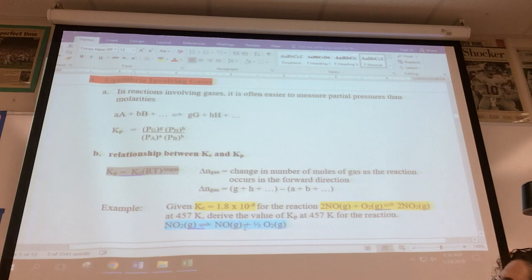So when you write a Kp expression, again, as you already stated, products on top, reactants on bottom. Partial pressure of reactant G raised to its coefficient. Partial pressure, that's not a reactant. What is that? A product, because products go on top. So partial pressure of product G raised to its stoichiometric coefficient. Partial pressure of product H raised to its stoichiometric coefficient.